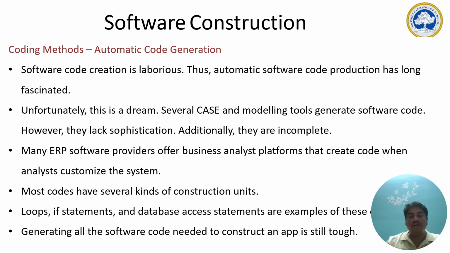Several CASE and modeling tools generate software code. However, they lack sophistication, and additionally they are incomplete. Many ERP software providers offer business analyst platforms that create code when analysts customize the system. Most code has several kinds of construction units: loops, if statements, database access.